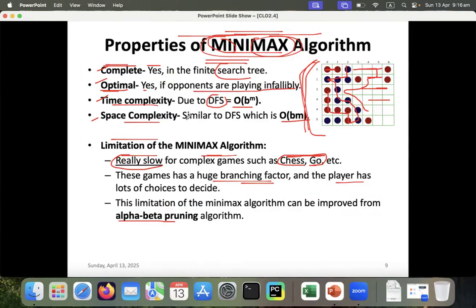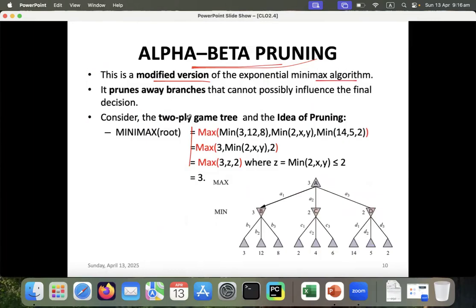So when you have a nested loop, it is n square or something exponential or n cube or whatever. It depends on the call actually. That's why we are calling it the exponential minimax algorithm. You can call the minimax algorithm with a new name, exponential minimax algorithm. You can call it, no issue.